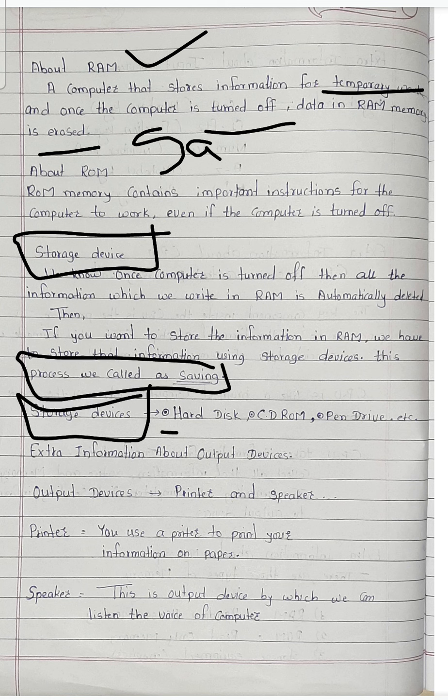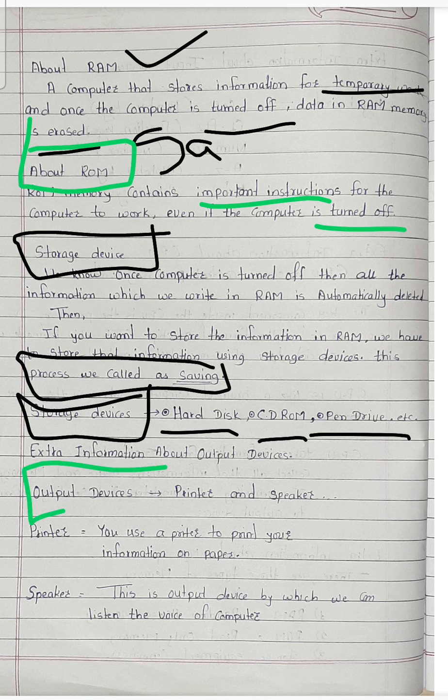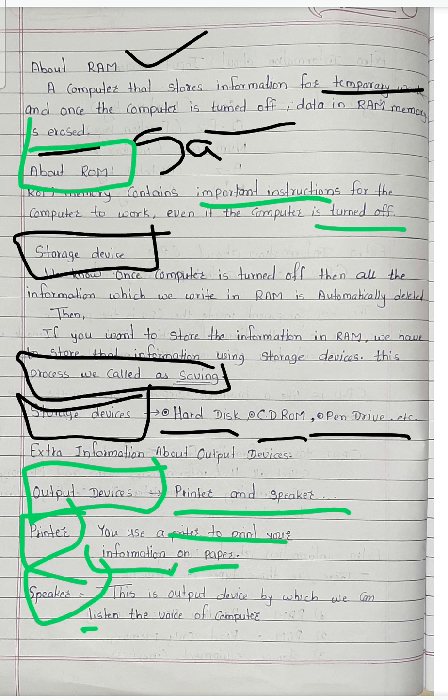Storage devices are the hard disk, CD-ROM, pen drive, etc. Then ROM holds important instructions for a computer, and no data is erased after switching off the computer. Then we saw the output devices, which are the printer and speaker. The printer is used to print your information on paper, and the speaker is for listening to the voice of a computer. That's all the information about a computer.